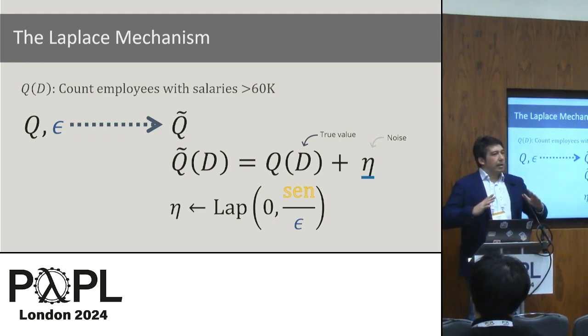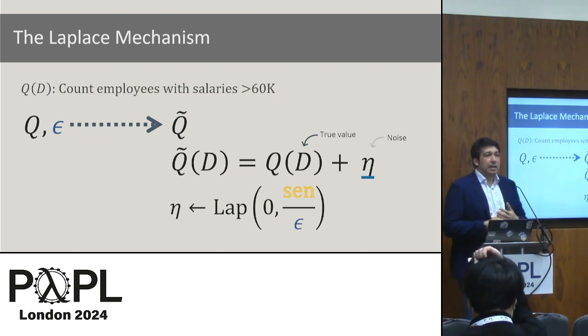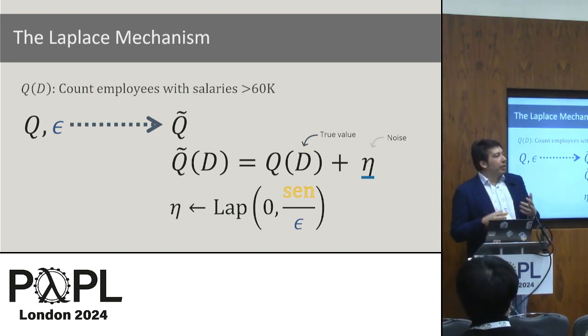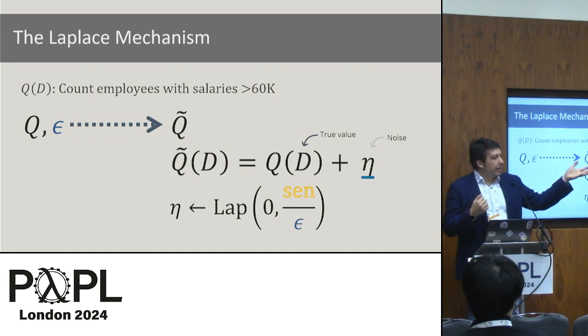The scale regulates how pointy or how flat the Laplace distribution is. You see the privacy parameter epsilon there, and the sensitivity. I'm going to be very informal, but sensitivity is: if I change the data set, how much will the output change?